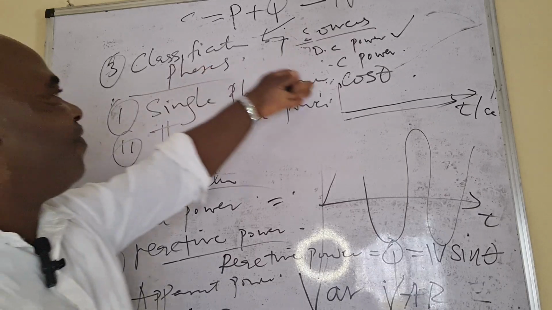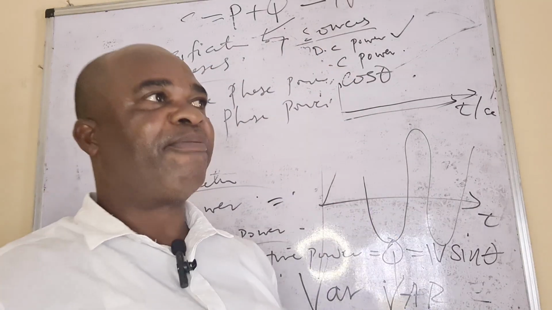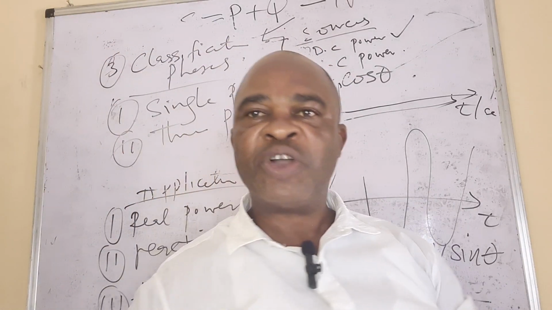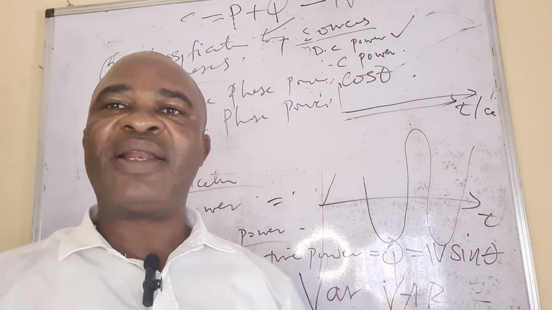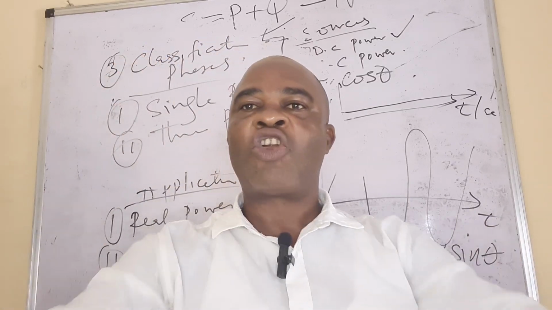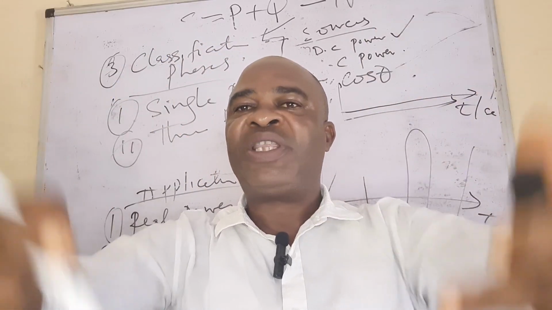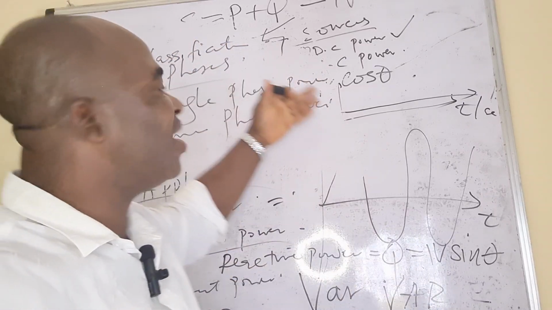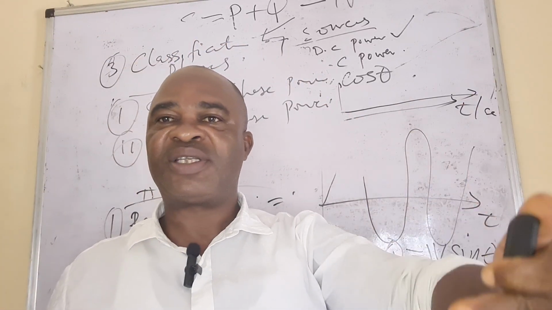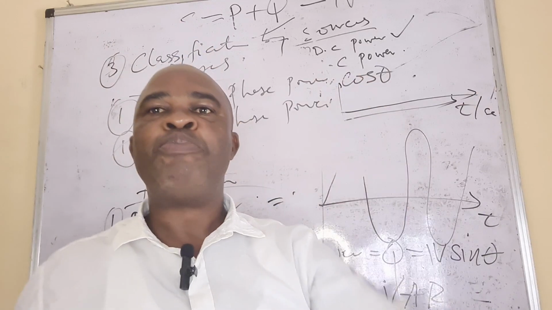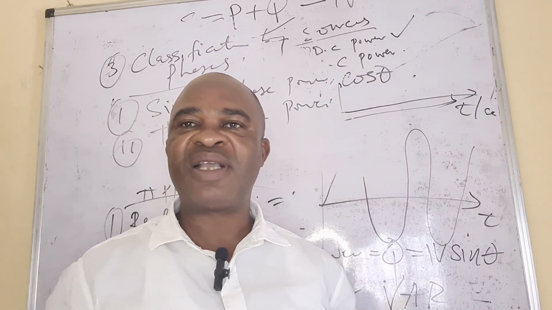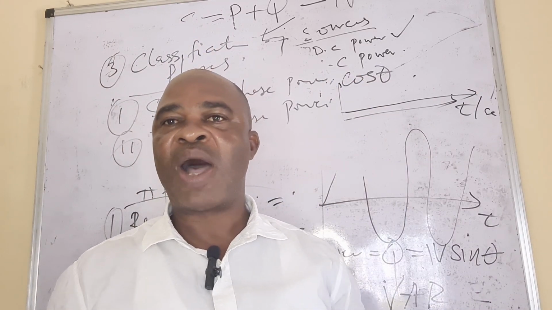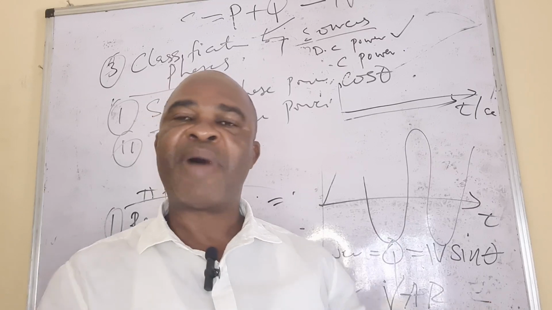On a single phase power, the voltage waveform possesses only one dimension. That is, it runs on one voltage waveform. Its application is in our residential buildings and for people that need low power or medium power.